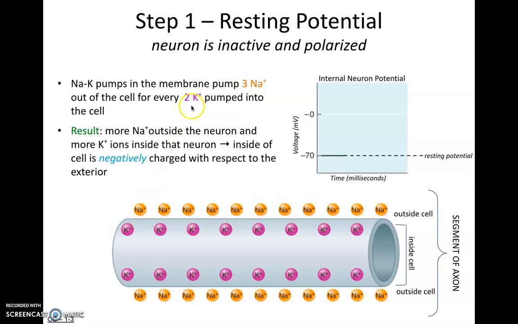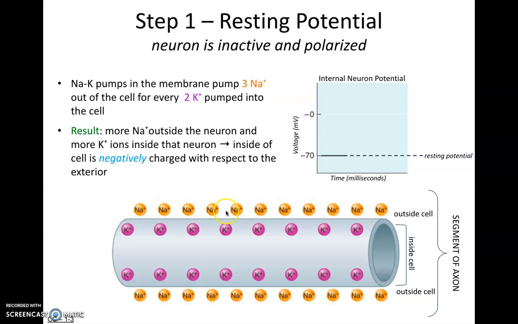As a result of that uneven pumping of these charged molecules, because they're both ions, we end up with the inside of the cell having a negative charge with respect to the exterior.